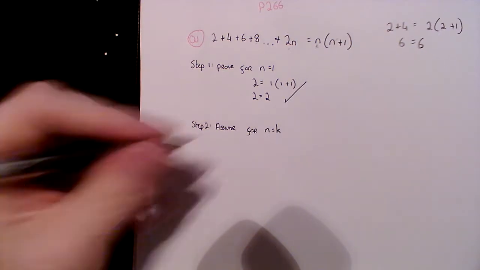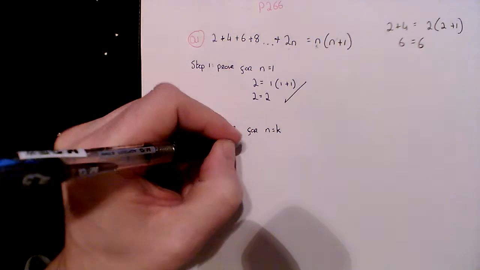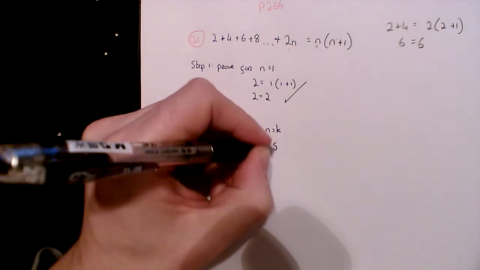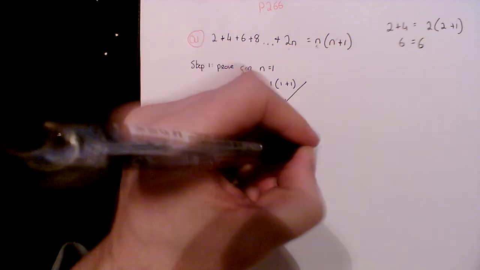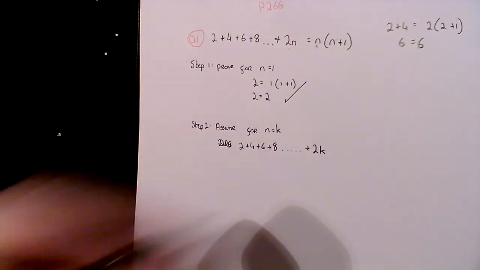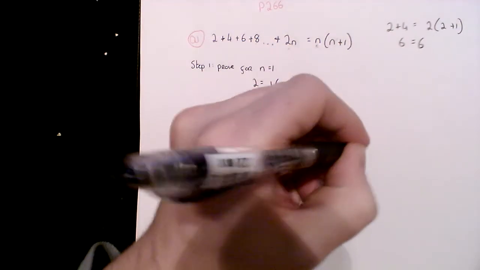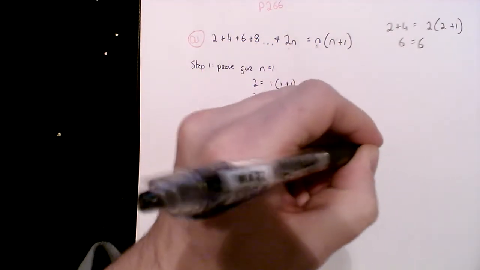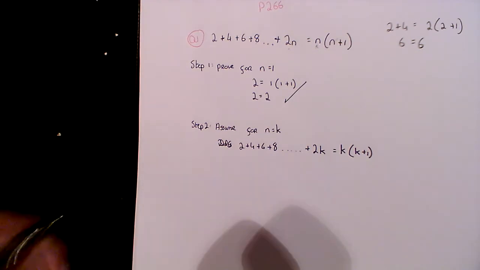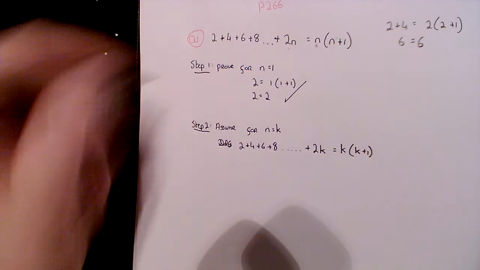Okay, so what I mean by that, 2 plus 4 plus 6 plus 8, if I go all the way up to k, so a certain number, well, that should be the same as k multiplied by k plus 1. So I'm just substituting the n's with the k's. Okay, so I'm going to assume that's correct. I don't know that it's true, but I'm going to assume it's true.